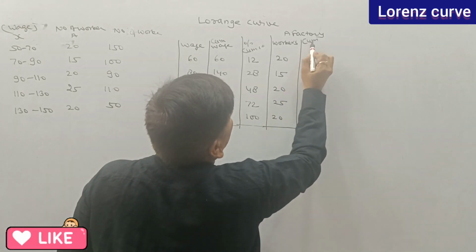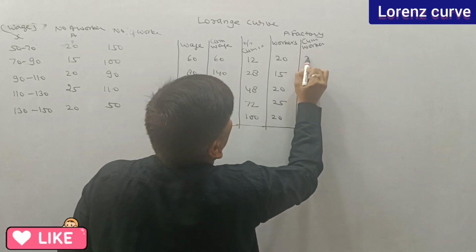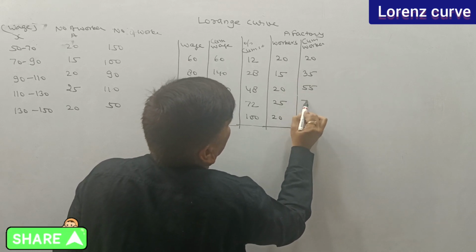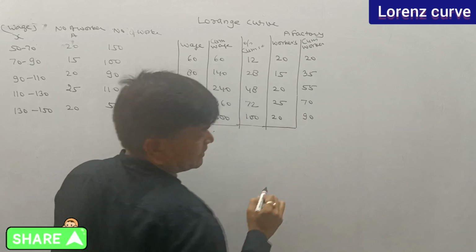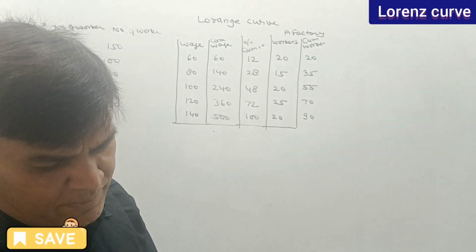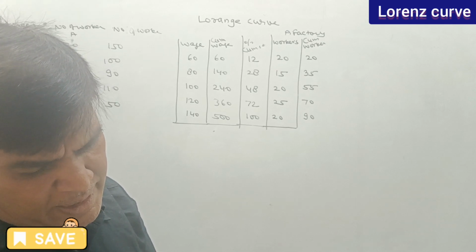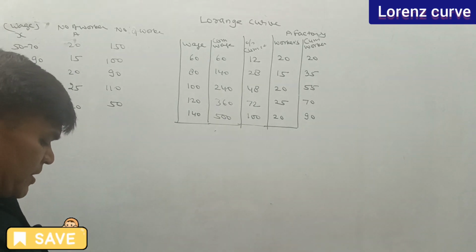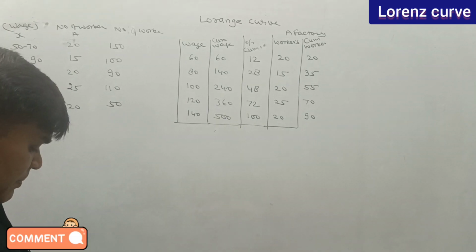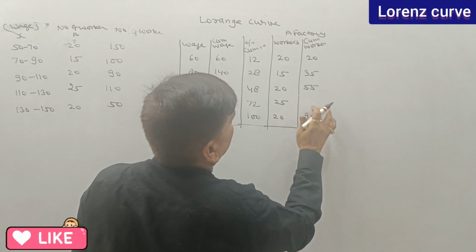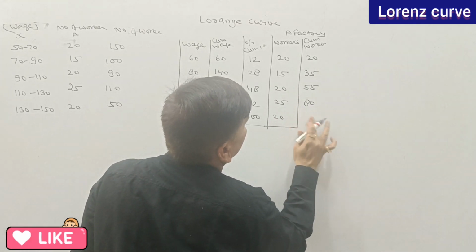Cumulative workers: 20 plus 15, that is 35, plus 20, that is 55, plus 25, that is 80, plus 20, that is 100.